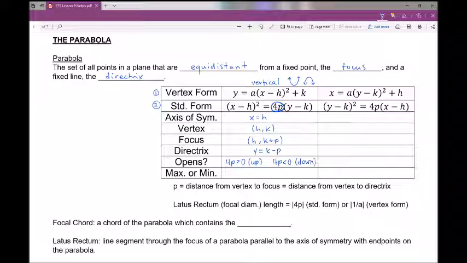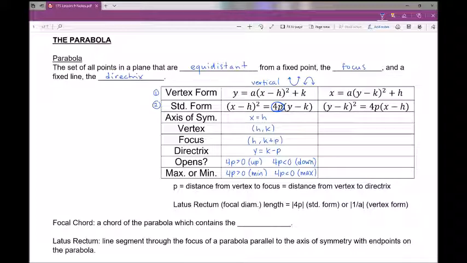You might remember that from college algebra. We could also have a maximum or a minimum point on our parabola. If the parabola opens up, I think it's pretty obvious that we would have a minimum, and that's again if 4p is positive. If 4p is negative, the parabola opens down, so a maximum occurs. Those are the cases of a vertical parabola.